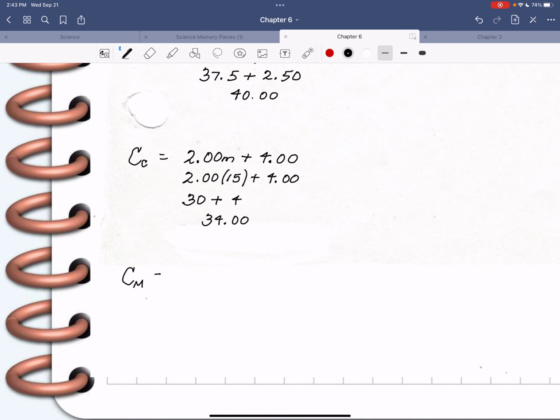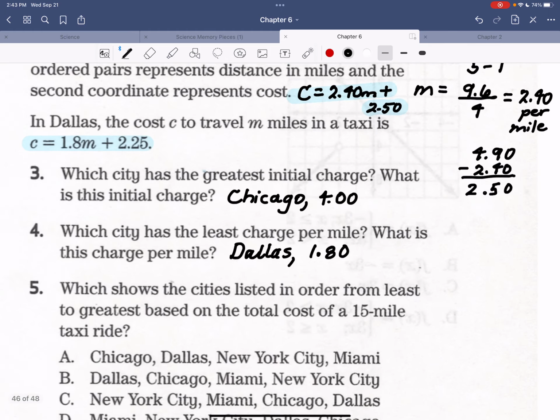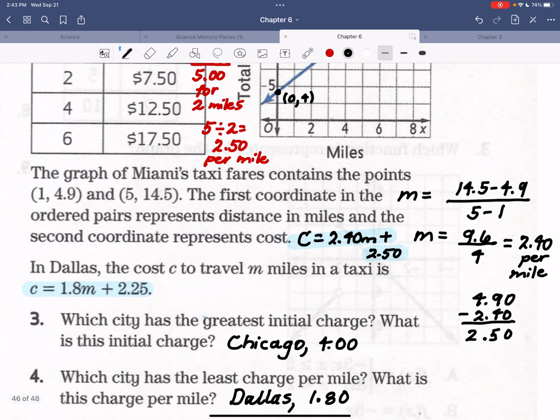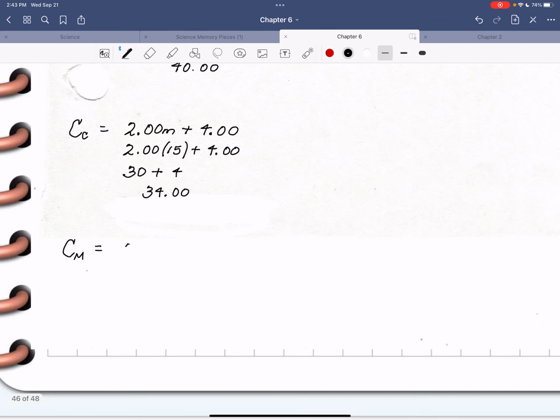The cost in Miami is $2.40 and $2.50. So $2.40 times 15 plus $2.50. That's 36 plus 2.50 is $38.50 in Miami.